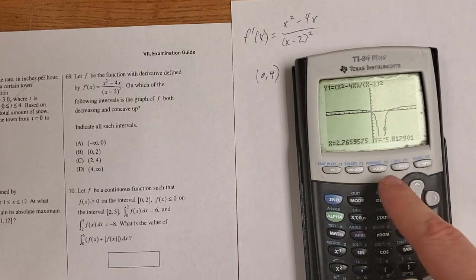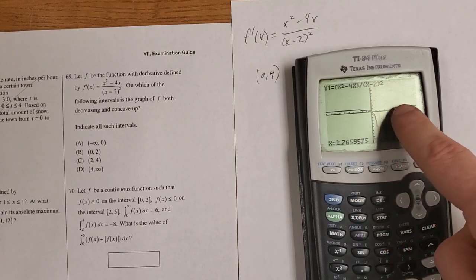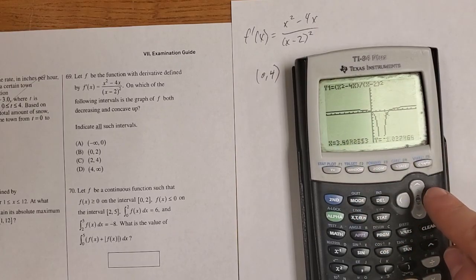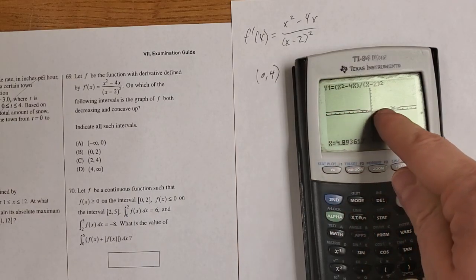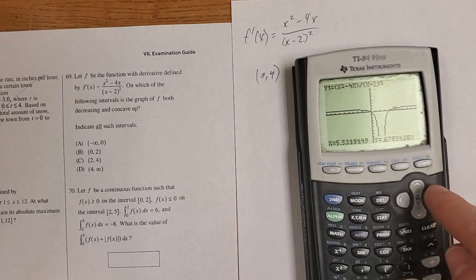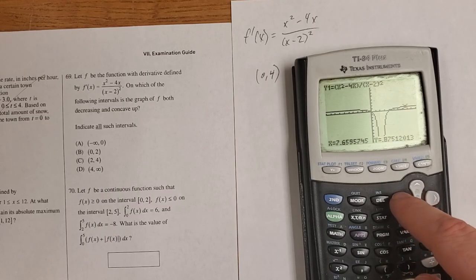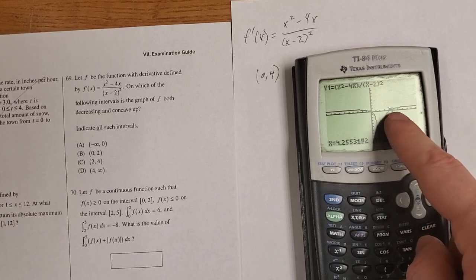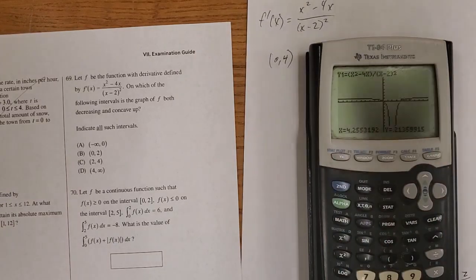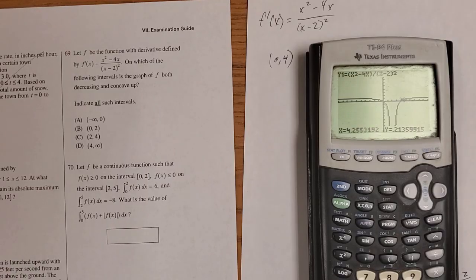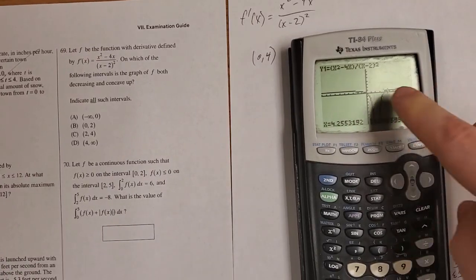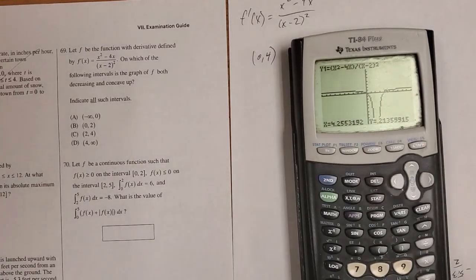But as you go past x equals 2 and come back up, it is increasing. And then there's a horizontal asymptote at y equals 1, because if you go further along, it gets closer and closer to 1, but never quite gets there. So the slope is increasing by ever so slight amount forever, never quite getting to 1, but always getting closer and closer to 1.